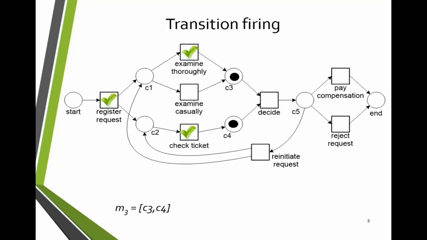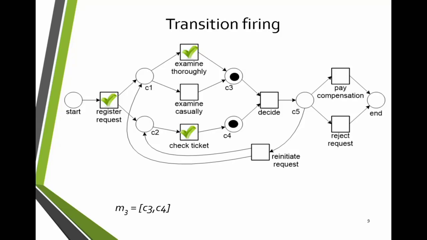So they can interleave, as we call it. We could have done check ticket first, and that's possible. There is no strict relationship between check ticket and the examine activities here. So this transition register request with its two output places actually models a parallel construct of the process, a parallel behavior of the activities that follow that particular construct.